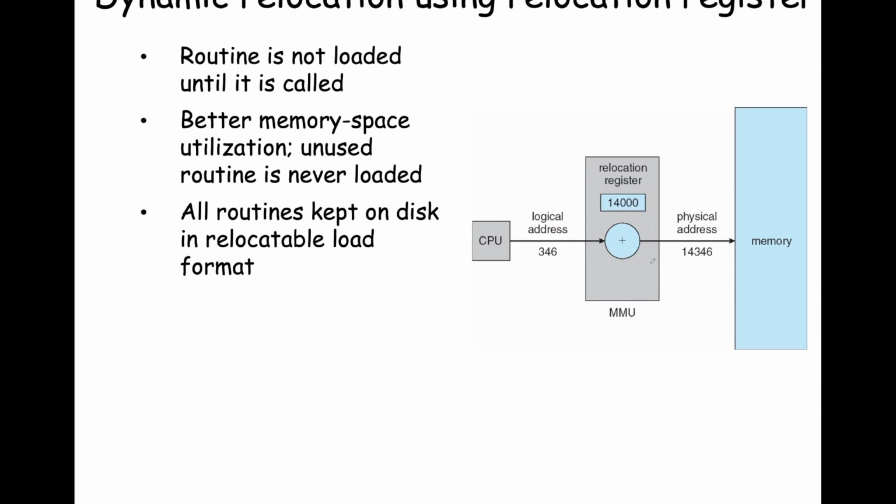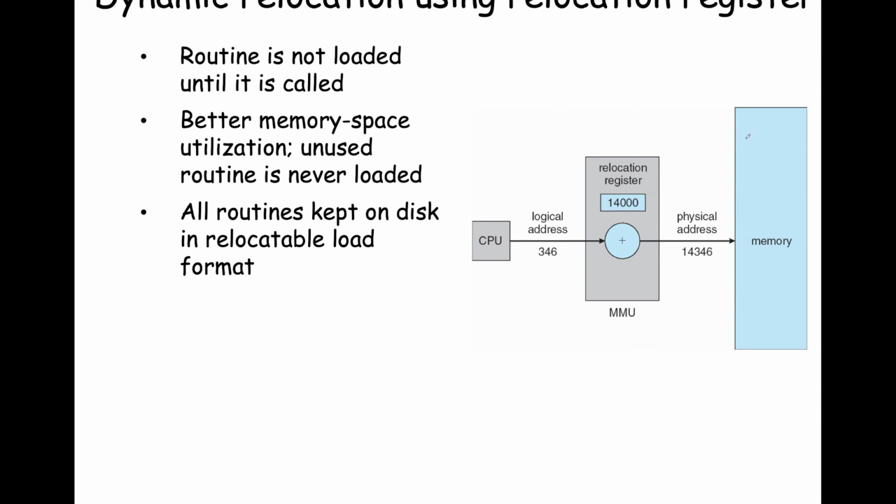And so in this example, and this is in the book, you have a logical address, say address offset 346, and you go to the memory management unit, that's the memory controller, and it has a relocation register, for example, of 14,000, and you add that 14,000 to the 346, the physical address is 14,346.